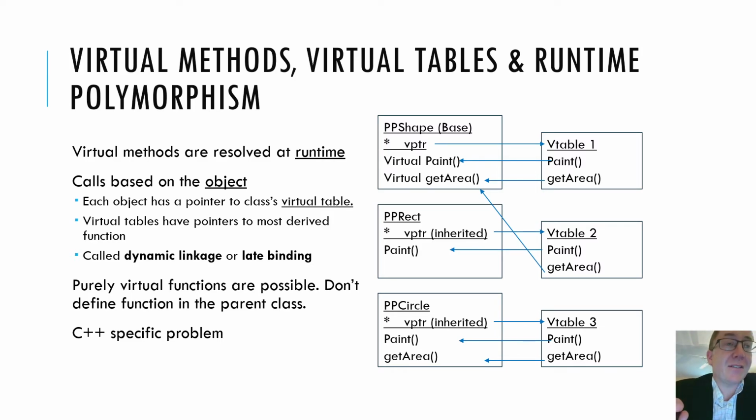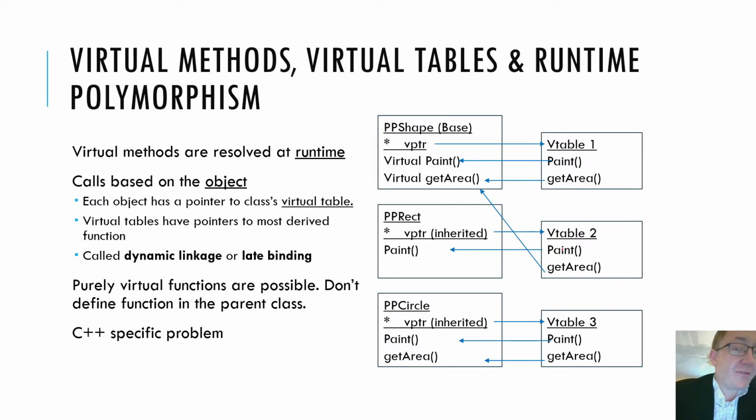So when I call paint, for example, I make a rectangle. It is a shape, but it's actually under the hood, it's a rectangle. When I call paint, I go to the object itself. I go over to the virtual lookup table and say, hey, by the way, where was paint defined?